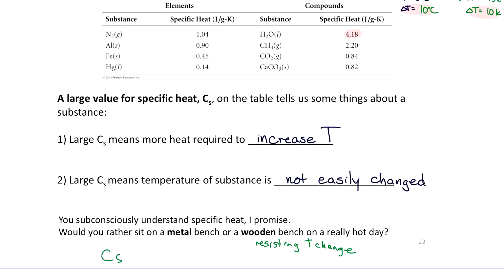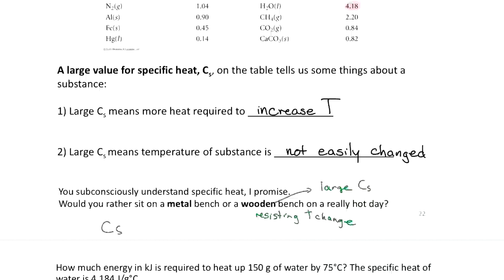So what we see here is that the wooden bench has a large specific heat and the metal has a small specific heat. It changes its temperature a lot, and if we sit down on it, we're going to burn our butts. Just to prove it to you, I think wood has a specific heat of something like 2 point something.